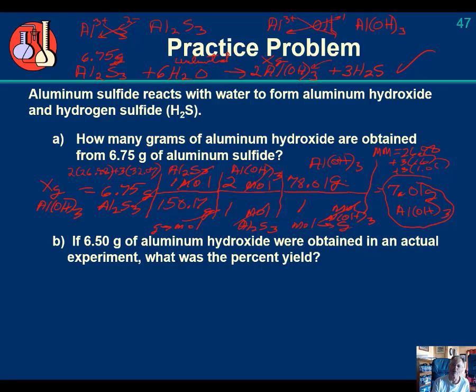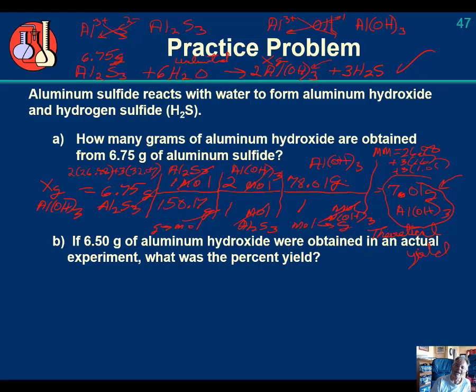with the water. And so this yield that I get, what I've calculated here, is what we call the theoretical yield. So it's theoretical in the sense that if all 6.75 grams of the aluminum sulfide completely reacted, theoretically, this is what I would get for aluminum hydroxide.